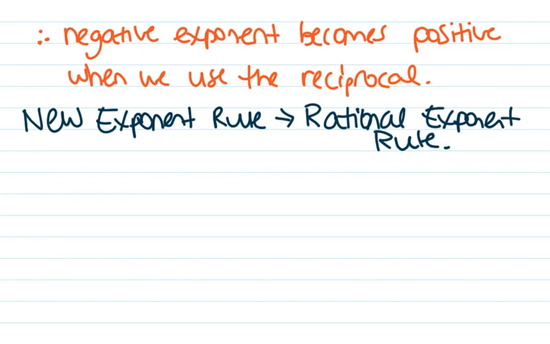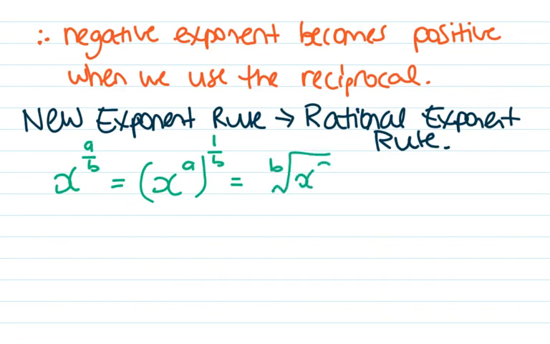The rational exponent rule says that when I have x to the power of a over b, that equals x to the power of a, all to the power of 1 over b, which is the same as the b root of x to the power of a, or the b root of x, all to the power of a.